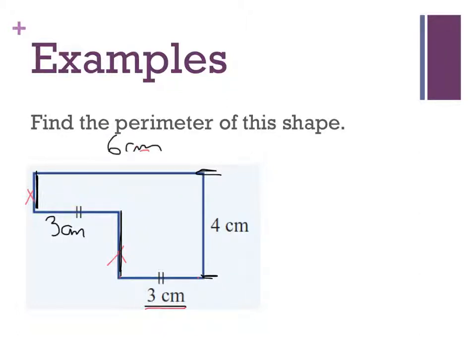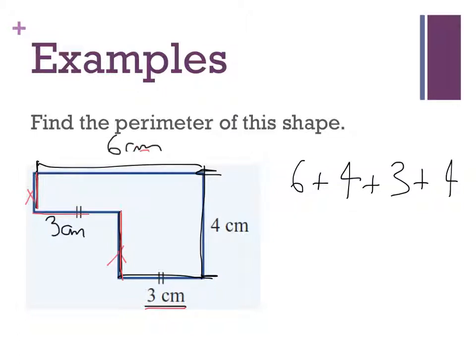So the total distance around my shape starting from the top is 6 plus 4 plus 3 plus this here combined with that there combined is 4, plus another 3.